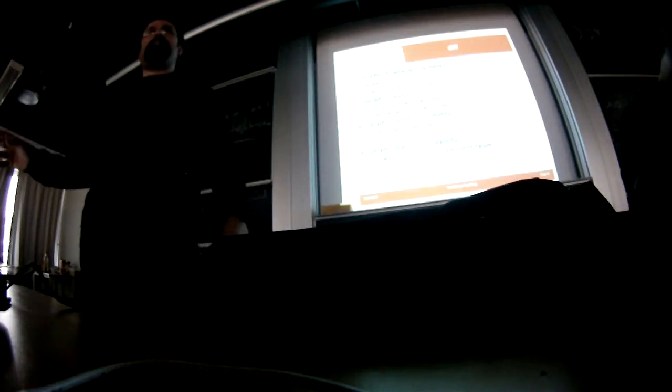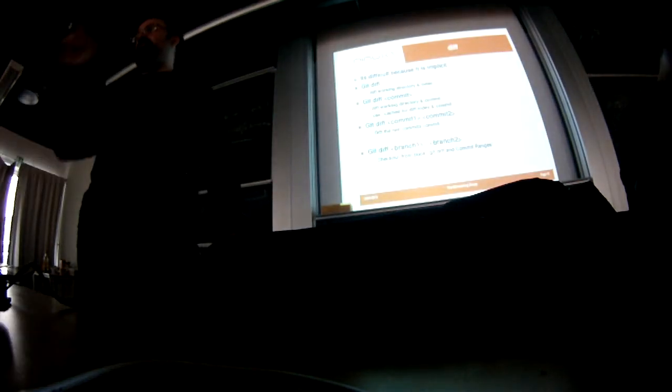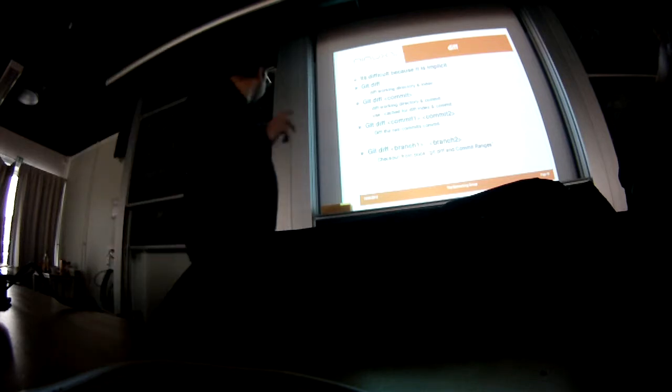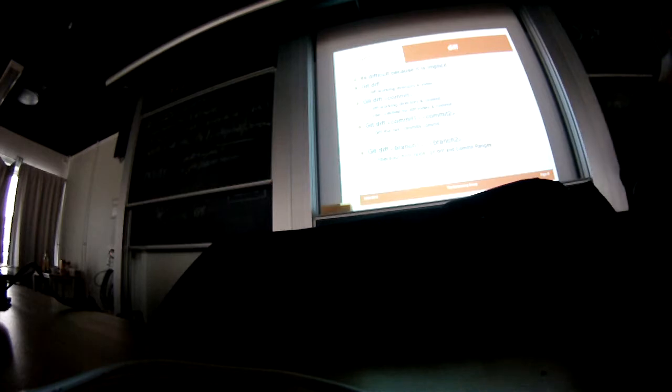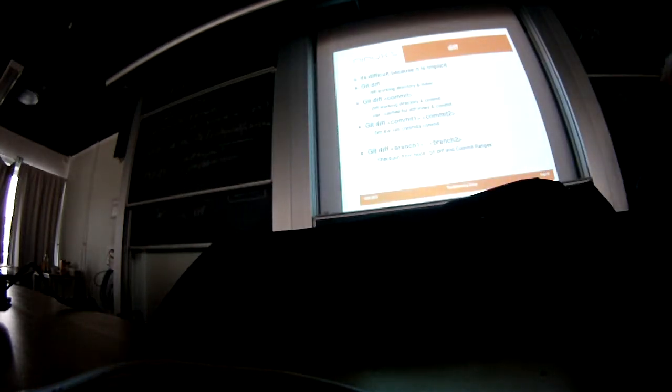Then there is a special diff that took me like 2 months to understand, and it's with the 3 dots. I have to make a drawing to make you understand. Say you have a repository like this with a lot of commits, and this is your master, okay?